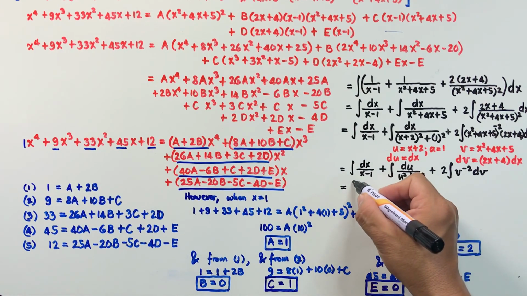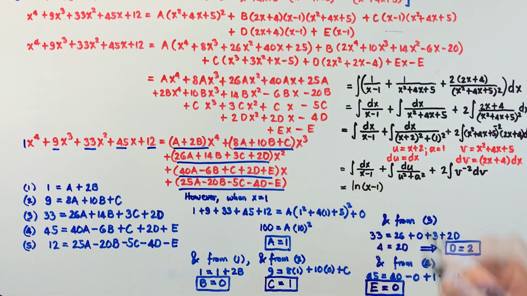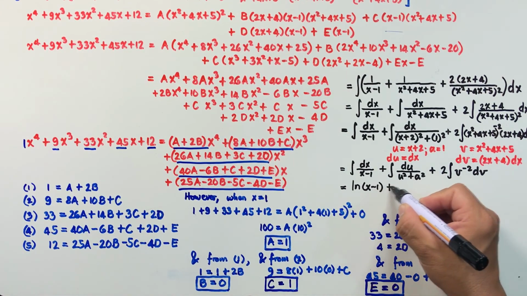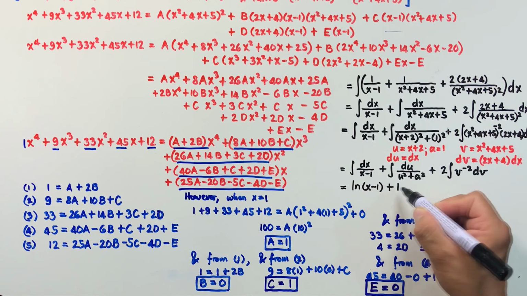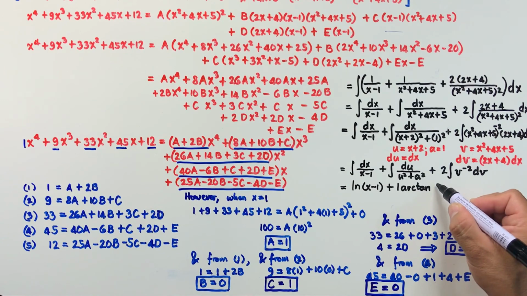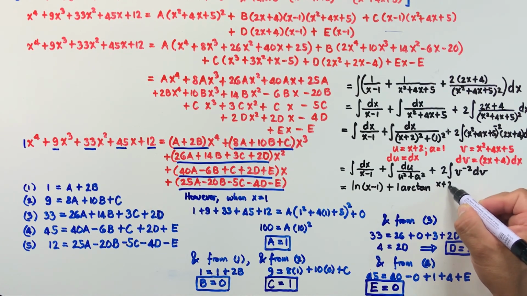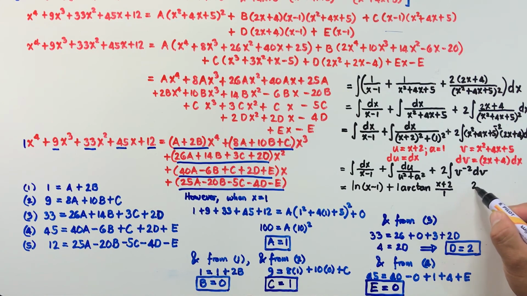So therefore, the integral of this is the ln of x minus 1, plus 1 over a, and because a is 1, this is 1, times the arctangent of u, which is x plus 2 over 1, plus 2 times the integral of v to the power negative 2, which is v to the power negative 1 over negative 1.